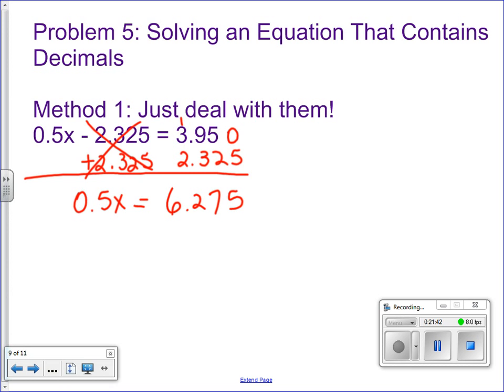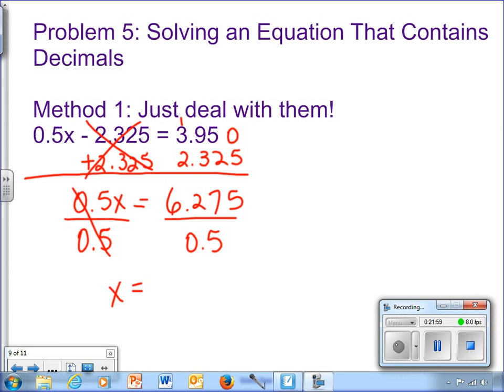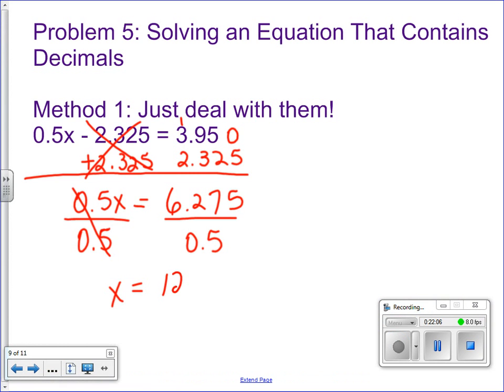All right, then I'm going to divide both sides by 0.5. 0.5 divided by 0.5 is equal to 1x. And on the other side, 6.275 divided by 5/10 is going to give me 12.55. Here I get a terminating decimal, so I'm going to leave my answer in that form.